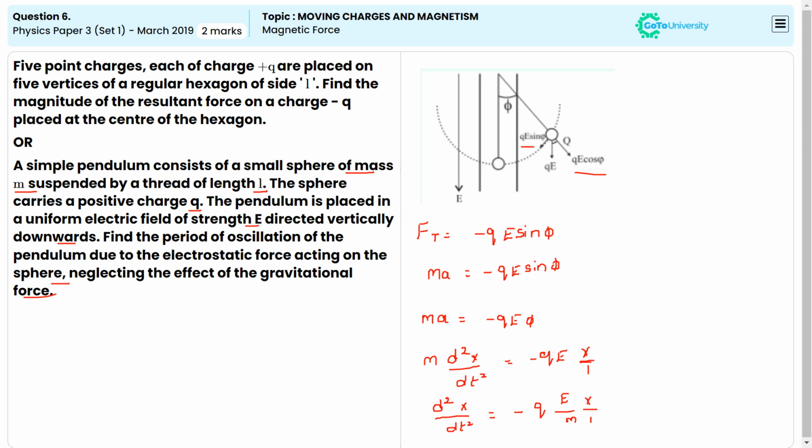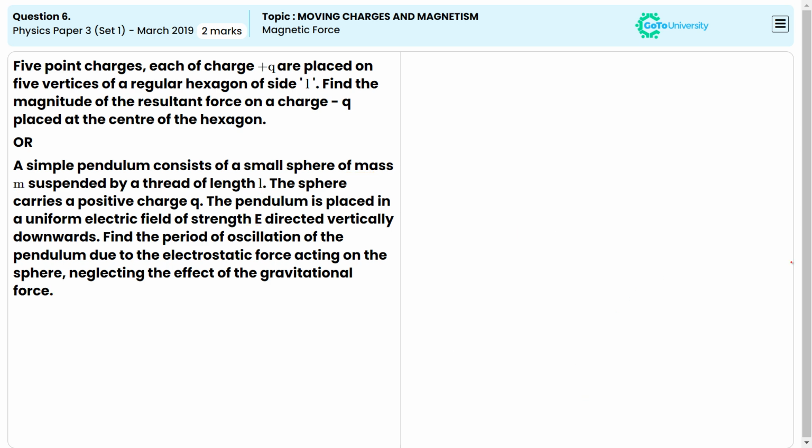Okay, comparing with the equation of linear simple harmonic motion, d squared x divided by dt squared is equal to minus omega squared x, where omega is equal to the square root of QE divided by ML.